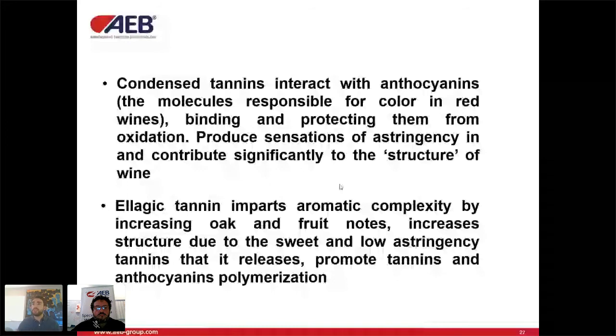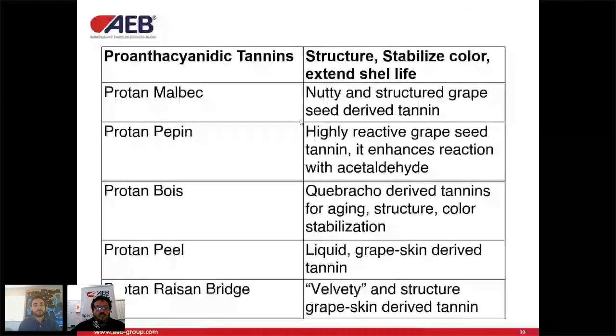So CAEB developed different Proanthocyanidic tannins, which all have the same scope, that is structure, stabilize color, and extend shelf life.